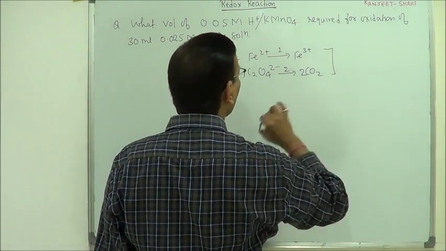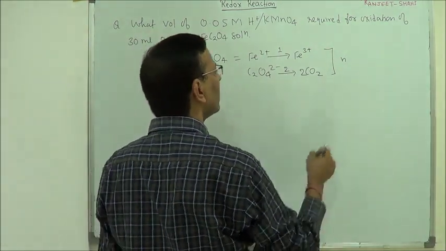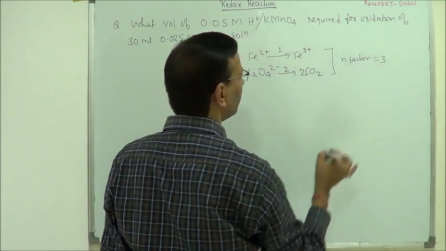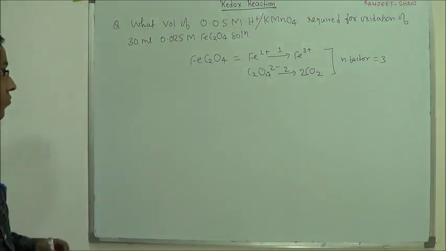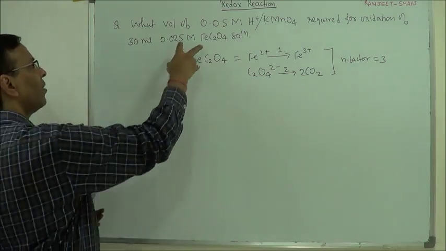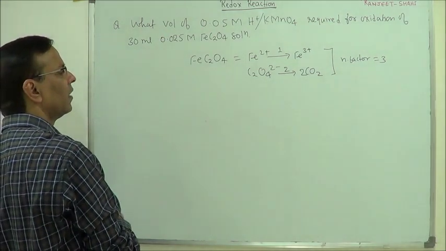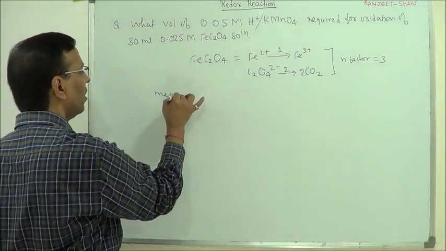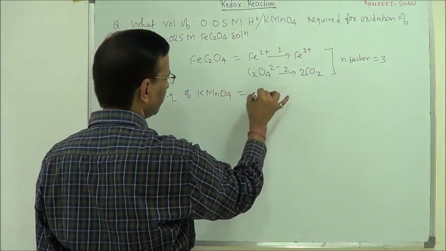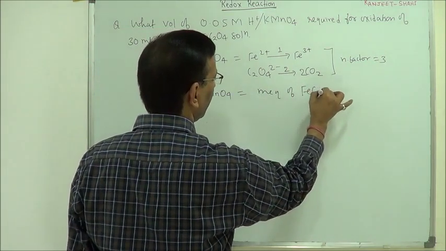So for one molecule of ferrous oxalate there is a total change of 3 units in oxidation number, so its n factor is also 3. So once again, milliequivalent of ferrous oxalate will be equal to milliequivalent of potassium permanganate.